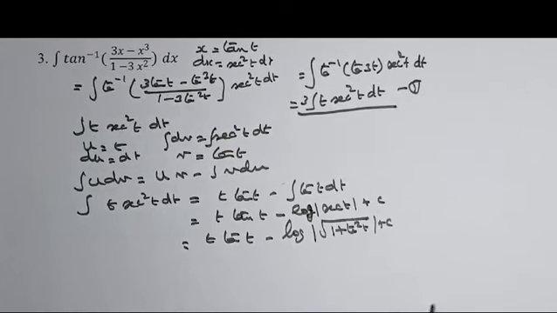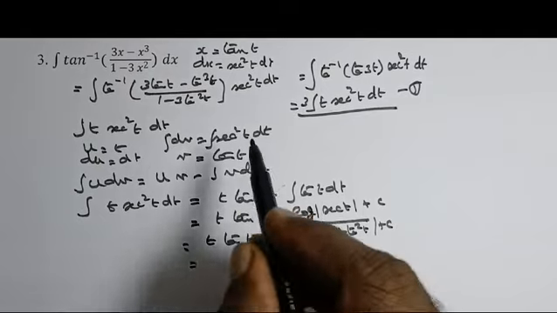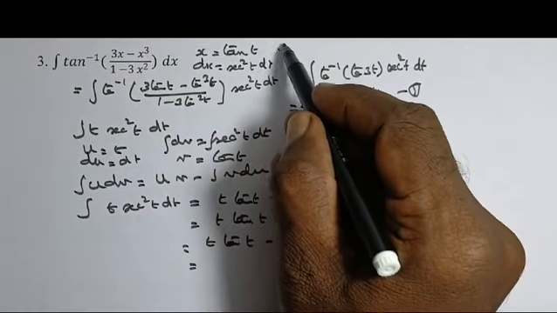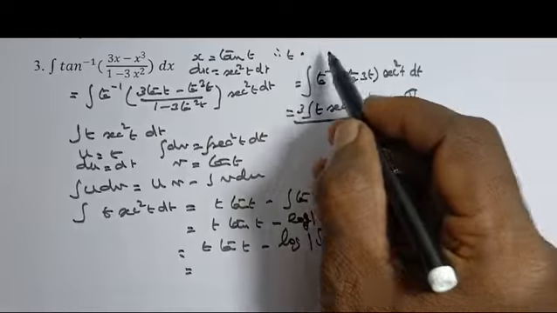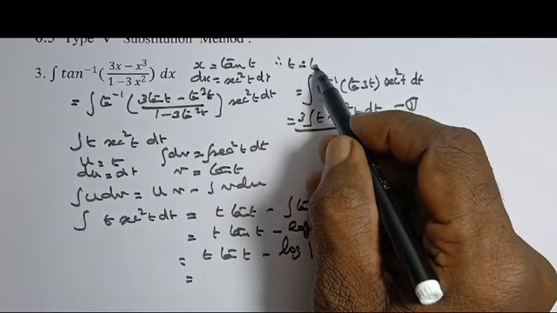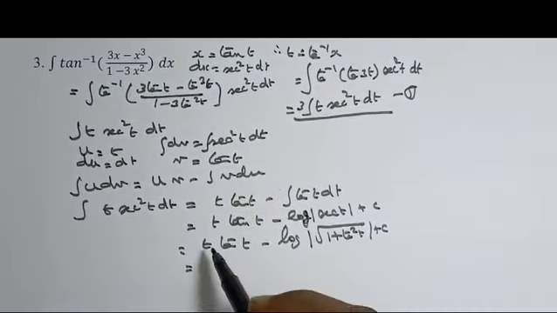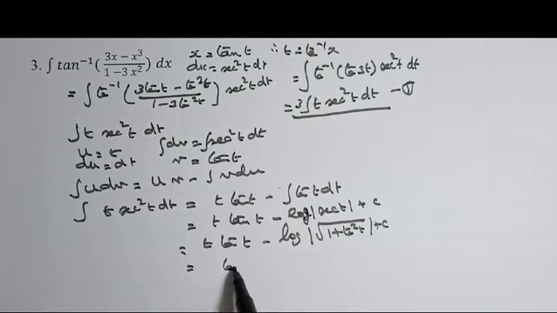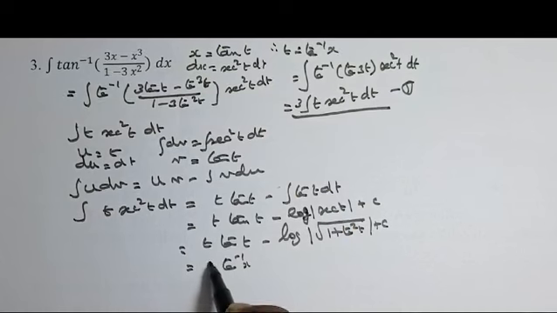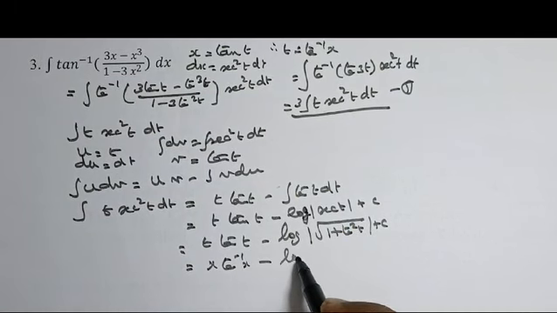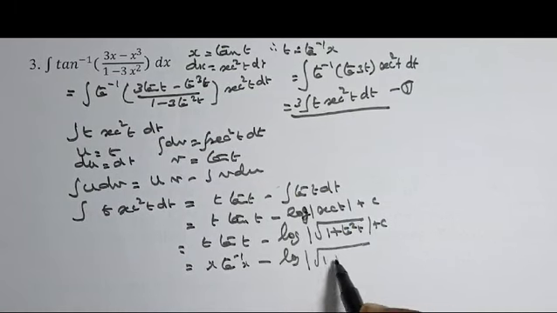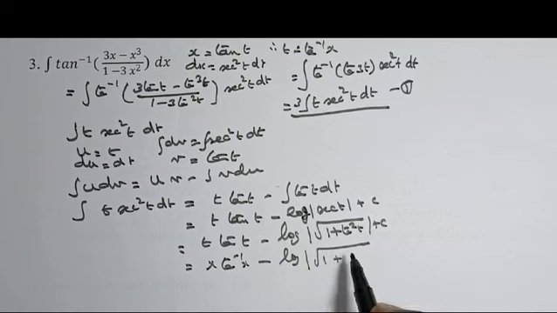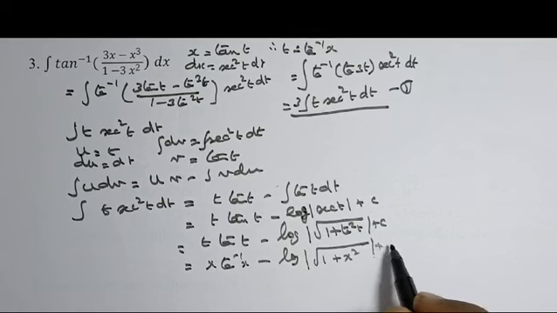Now substituting the value of t, x equal to tan t, therefore t equal to tan inverse x, isn't it? That is t tan inverse x, and tan t is x, that is x tan inverse x minus log of modulus root of 1 plus x squared, plus c.